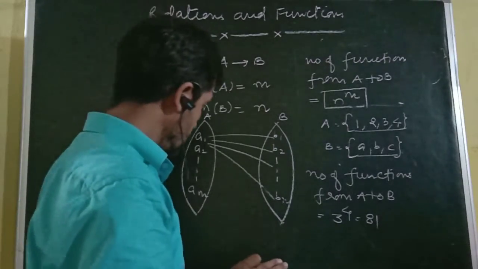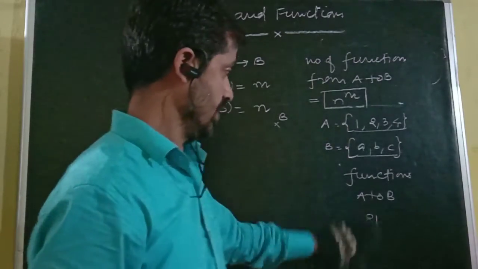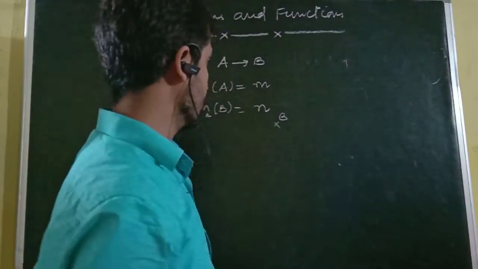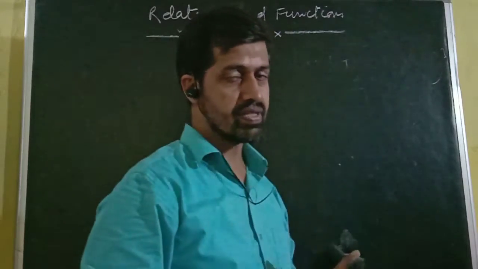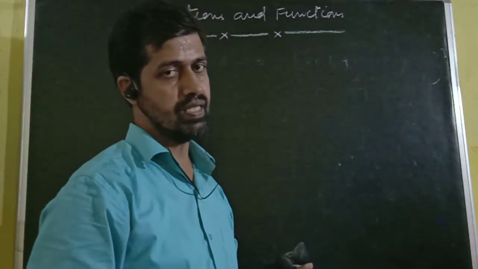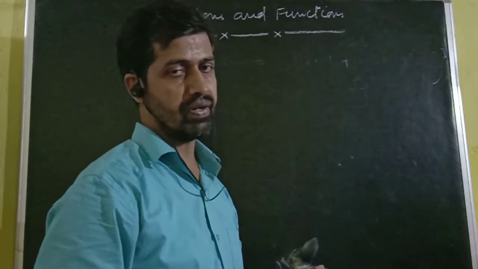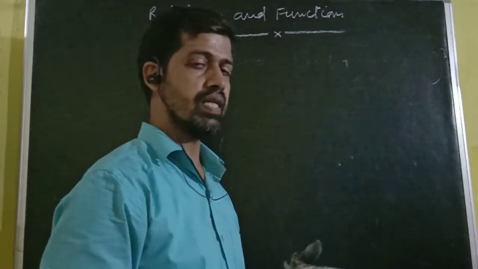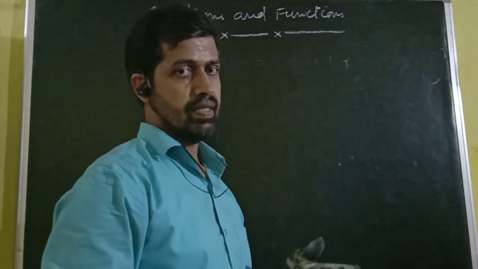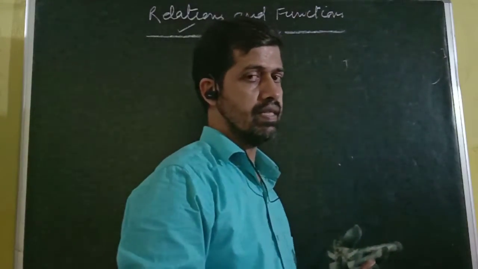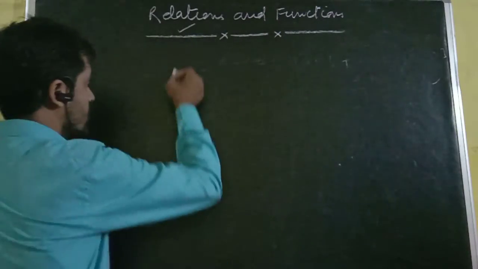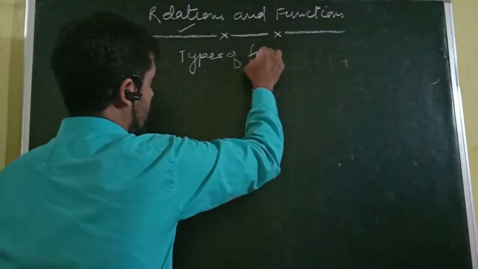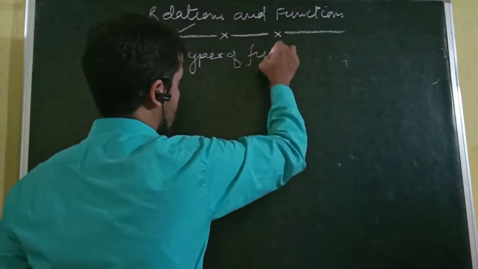And so far, again I would like to repeat the topics we have discussed. Function we started with. What is a function? Then graph of a function, and the third thing, that is number of functions defined from set A to set B. Next thing is types of functions.